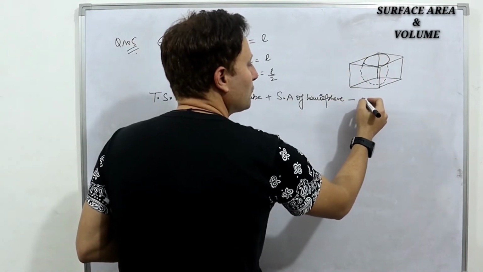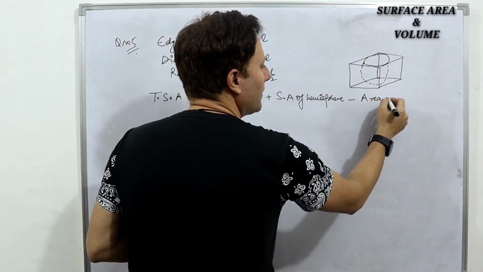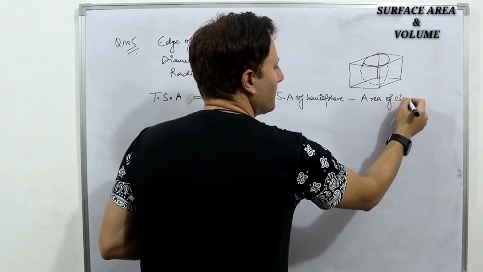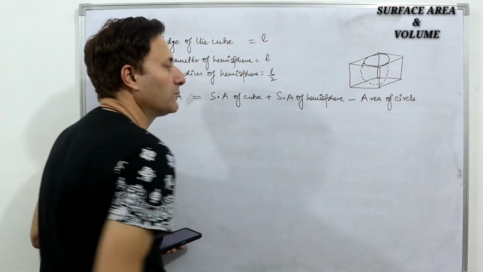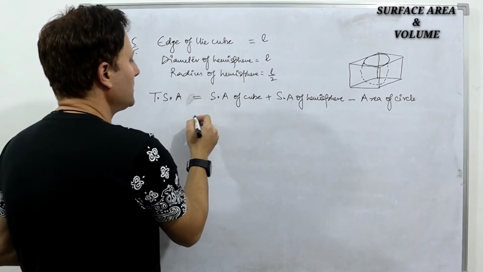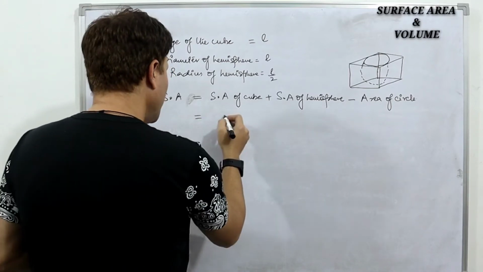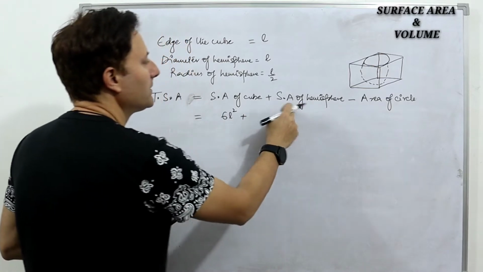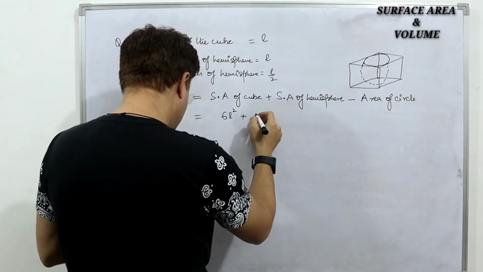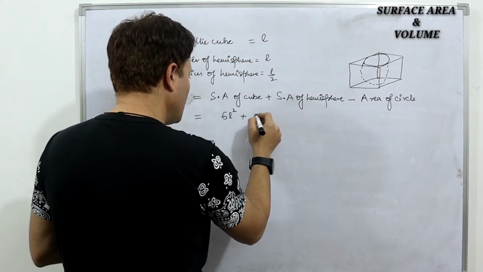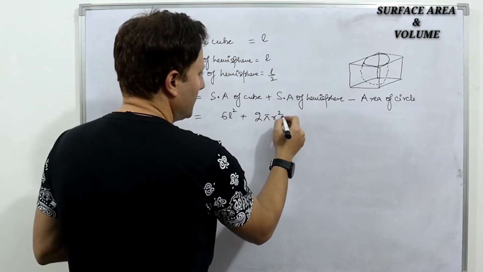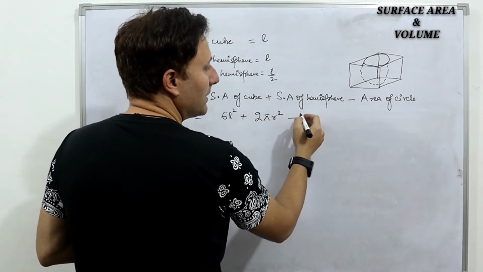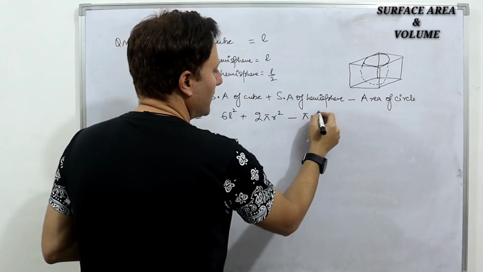So we will deduct the area of the circle because we are cutting it out. Now let us see, the surface area of the cube is obviously 6L square. Then the surface area of the hemisphere is 2 pi r square, and then the area of the circle is obviously pi r square.